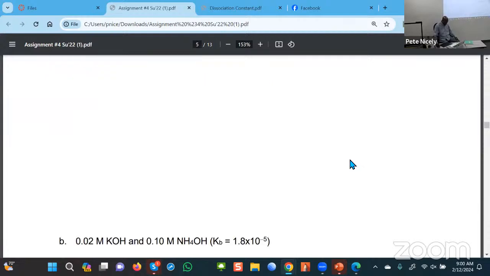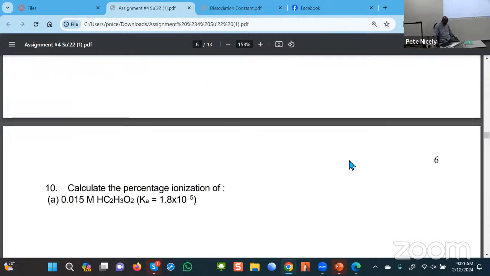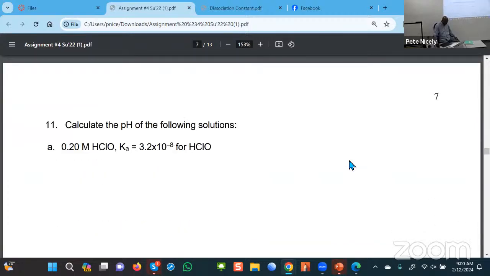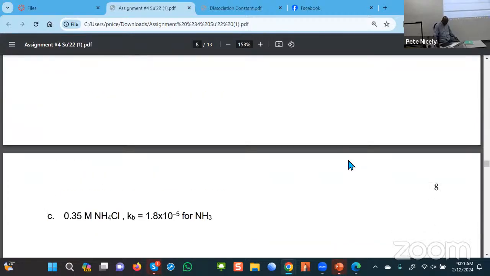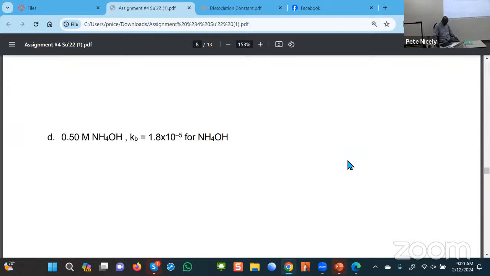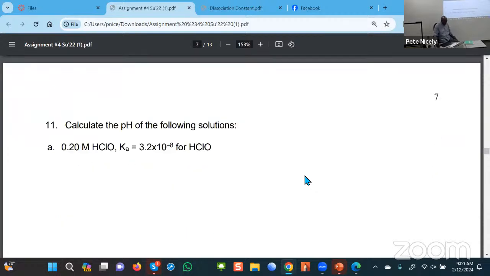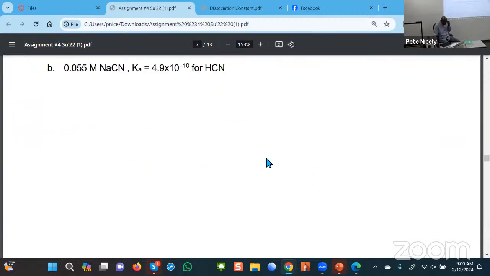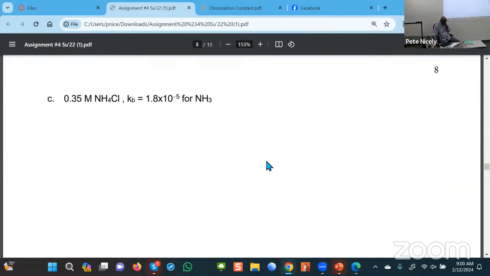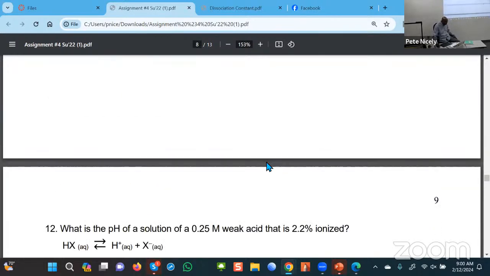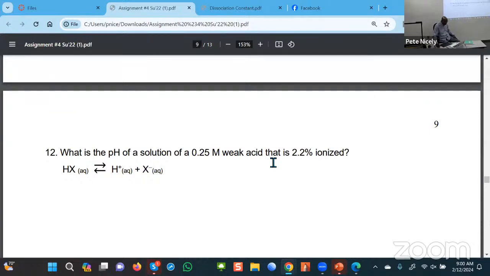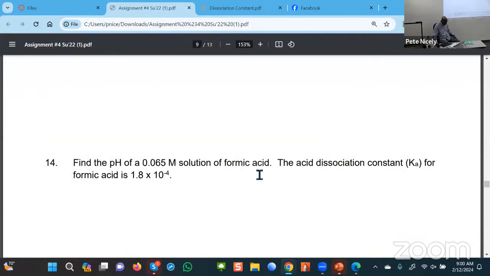Number 9, number 10, number 11. Oh, wait a minute. No, you won't be able to do, hold on. Okay, you should only be able to do 11A. So you won't be able to do B, C, E. You should be able to do number 12.